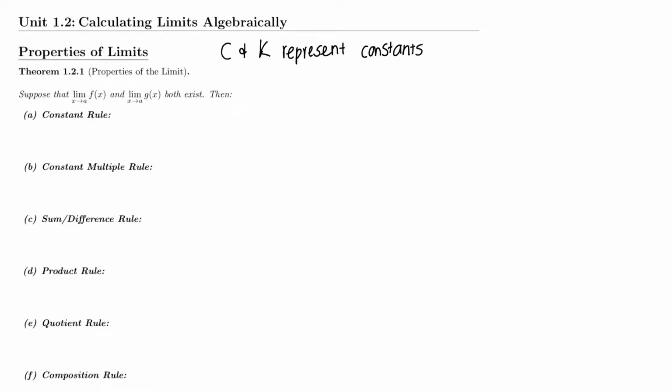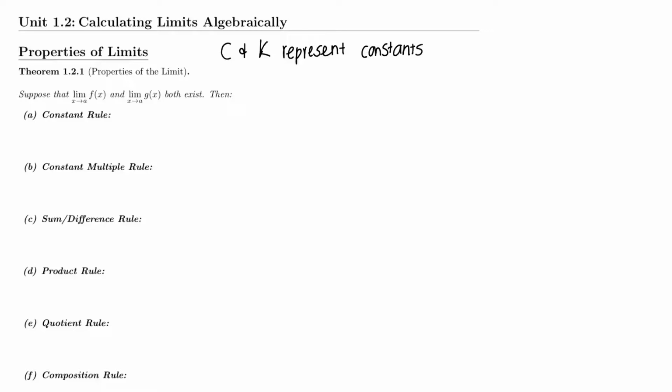That is numbers, just numbers that don't change. Those are constants, just numbers. So we're going to suppose for all of these rules that the limits exist for f and g, because we're going to talk about functions f and g, and that the limit as x approaches a for both of them exists.